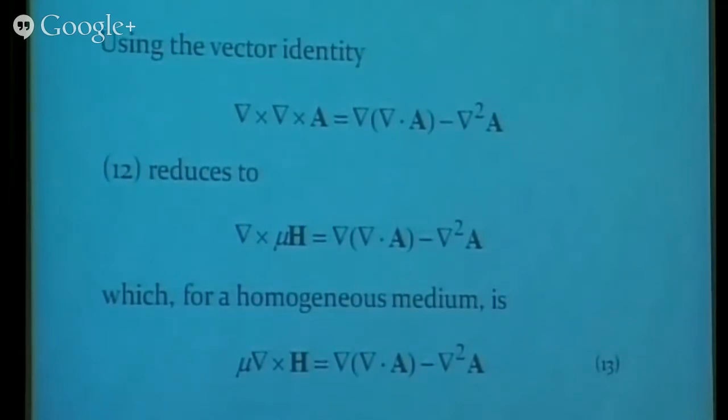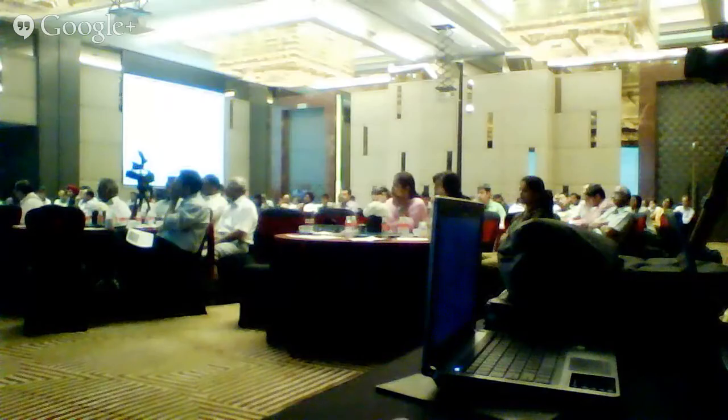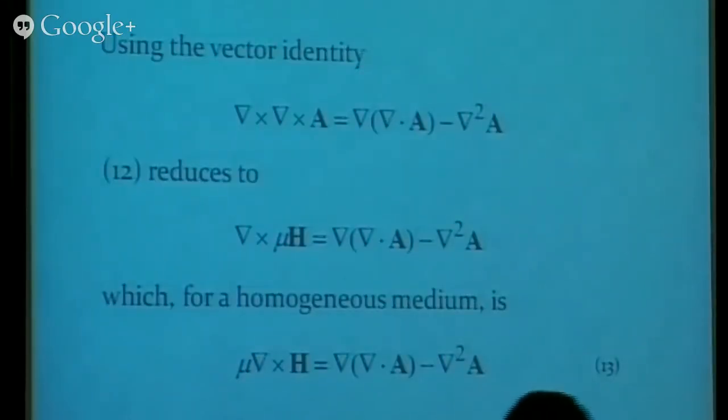For a homogeneous medium, in electromagnetic textbooks, two terms appear, homogeneous and isotropic medium. So it's important to be able to distinguish. A homogeneous medium is one where the material properties are the same everywhere. An isotropic medium is one where the properties are the same in all directions, that is, the dielectric property, the electrical property, is independent of the magnitude and direction of the electric field.